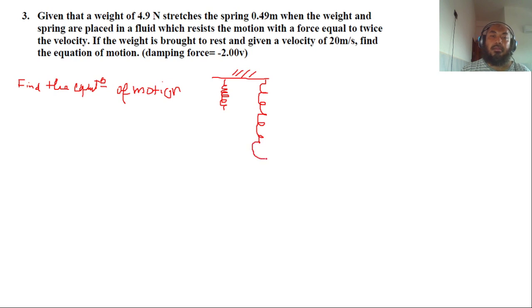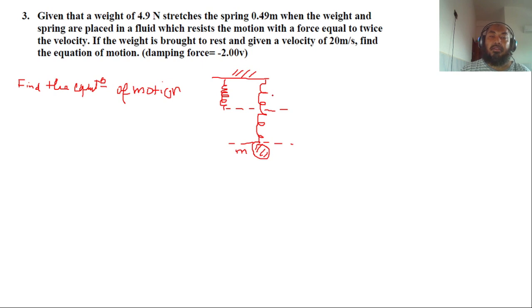Let's say this is the location of the spring without weight, and this is the location of the spring with the weight. After giving this weight, this is the mass.